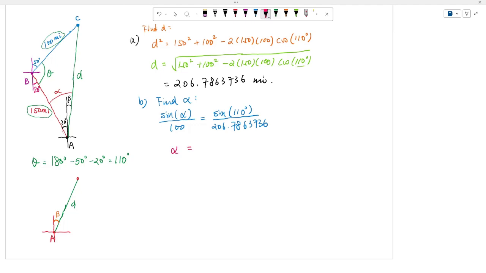And now the angle alpha will be the inverse sine of 100 times sine of 110 divided by 206.7863736.